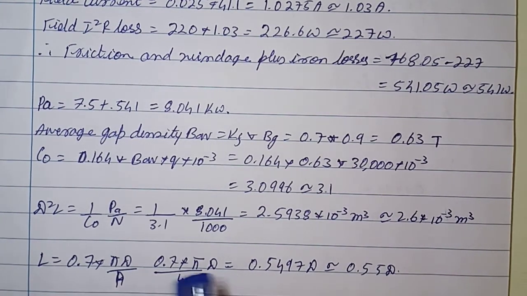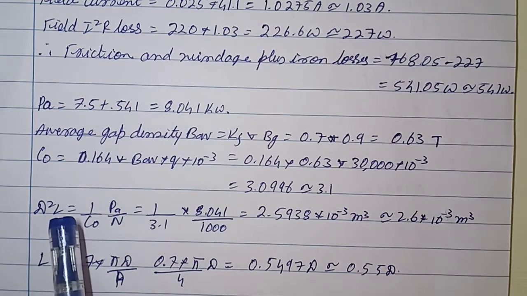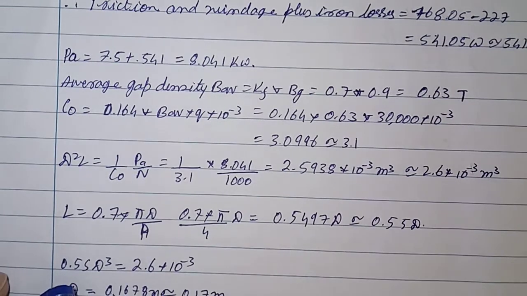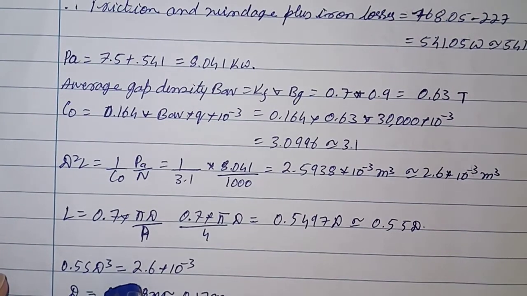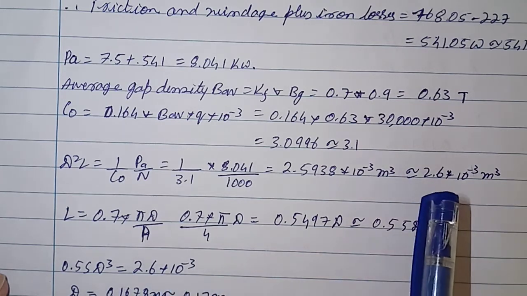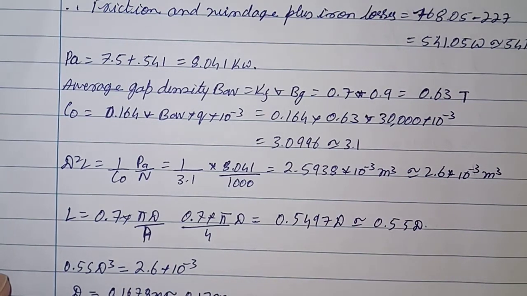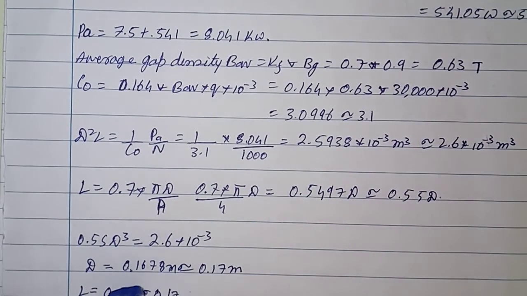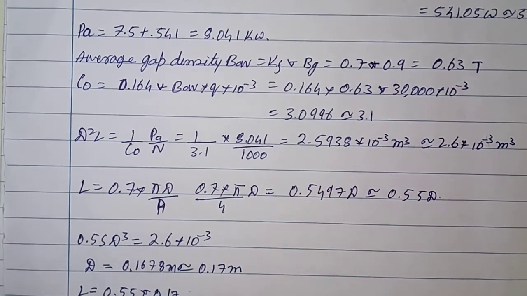So this relation, L is equal to 0.55 d, is being made using this. Then we get 0.55 d cube is equal to 2.6 into 10 raised to minus 3. From solving that, d will be equal to 0.1678 meter, approximated to 0.17 meter.